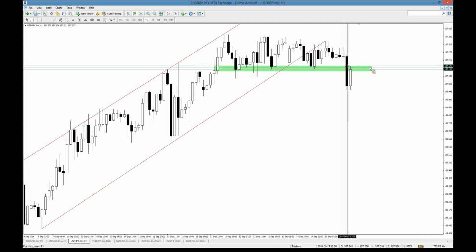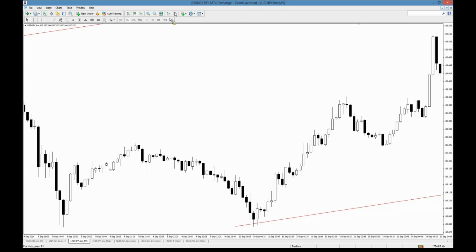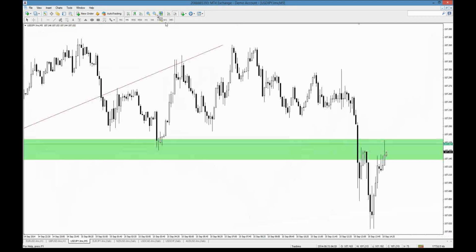Okay, so either sell short when it comes back, blindly, or go down to the smaller time frames, where you can have a look and assess what price is doing. Okay, what price is doing in terms of little spikes, false breaks, that kind of thing. Just have a look here on the 1 minute.